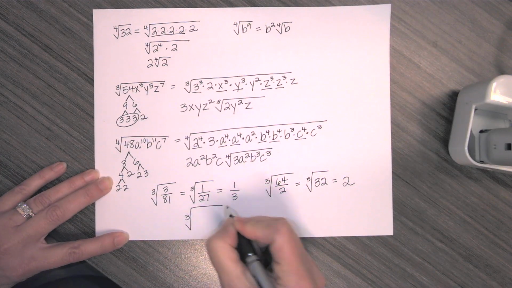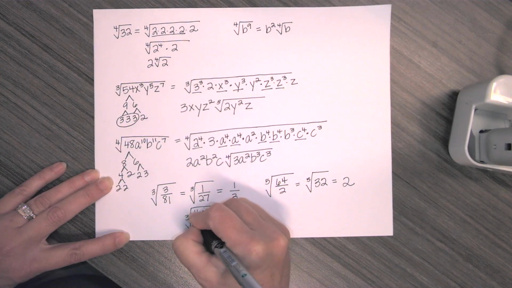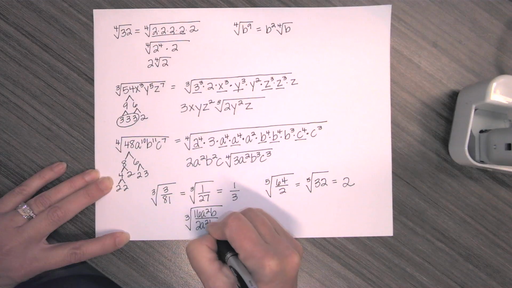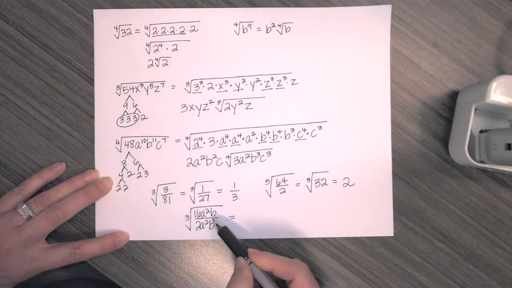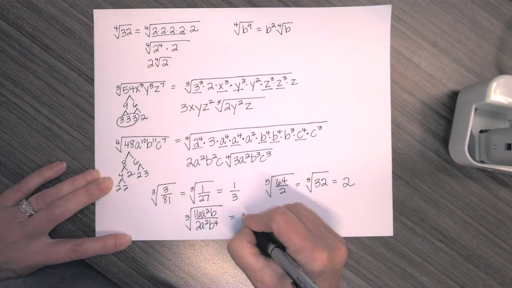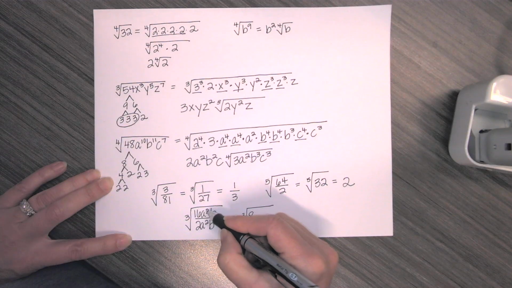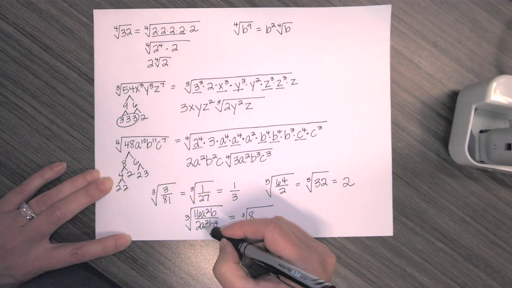The cube root of 16a squared b over 2a squared b to the 4th. Now, we want to simplify this before we try to do the cube root. So 16 divided by 2 is 8. The a squareds will cancel because a squared over a squared is 1.